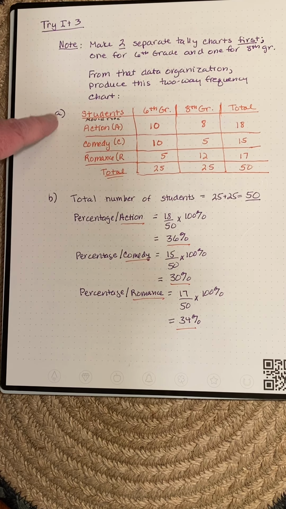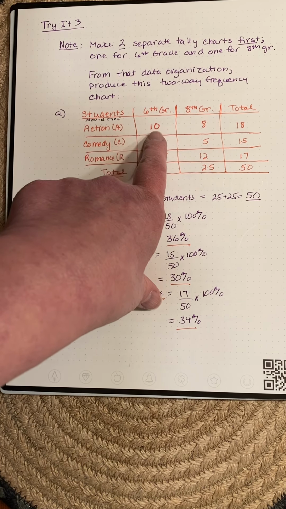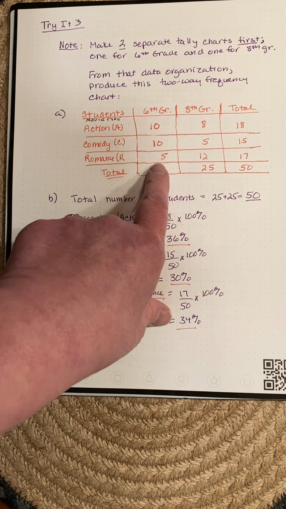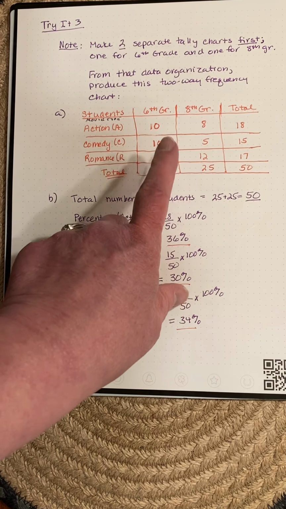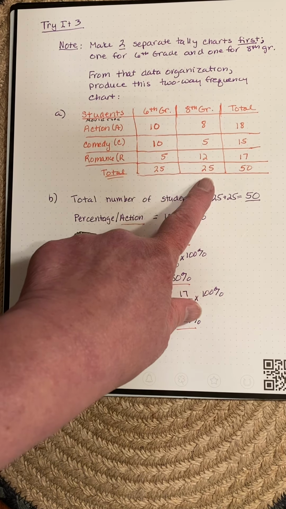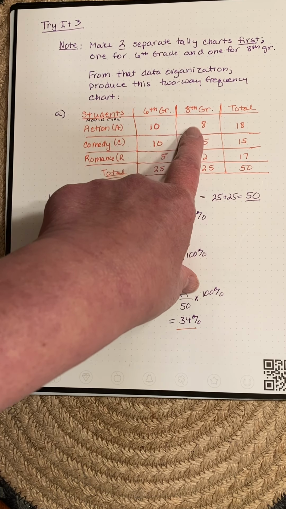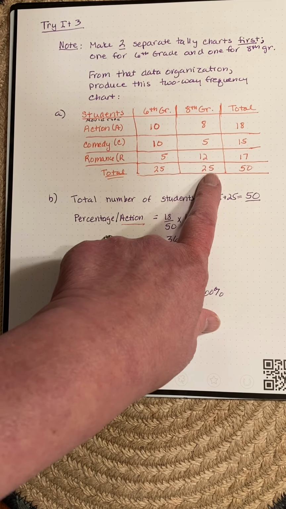So anyway, going on to A, 6th grade worked out like this: 10 for action, 10 for comedy, 5 for romance. So 6th grade totals is 25. I always do that to make sure I have 25 students because they each did. In 8th grade, I had 8 for action, 5 for comedy, and 12 for romance. That also totaled 25.